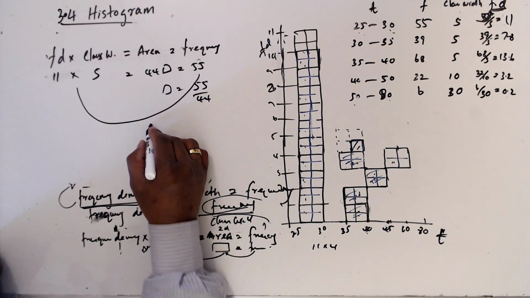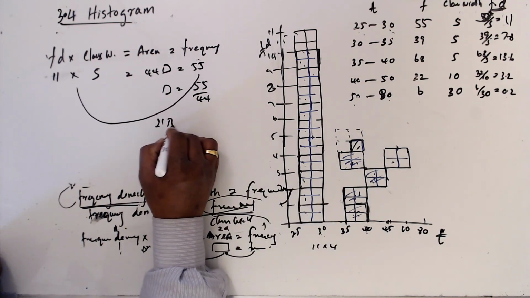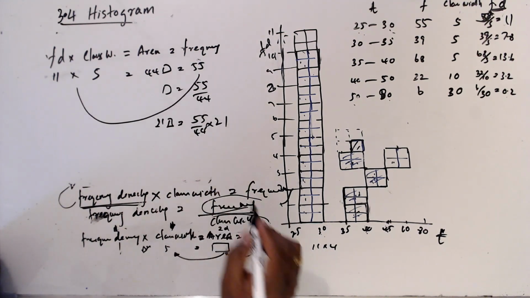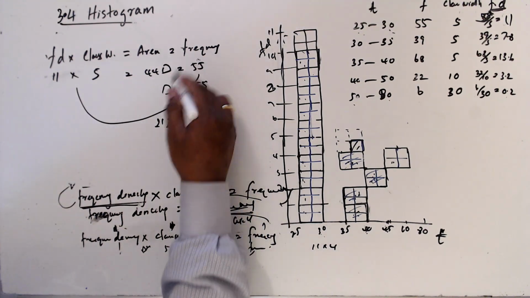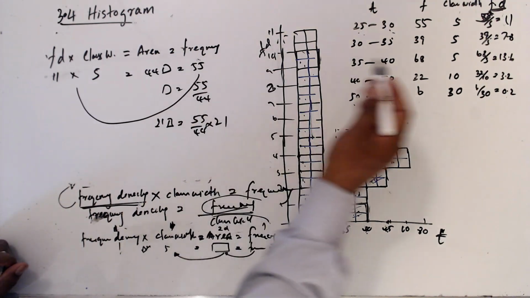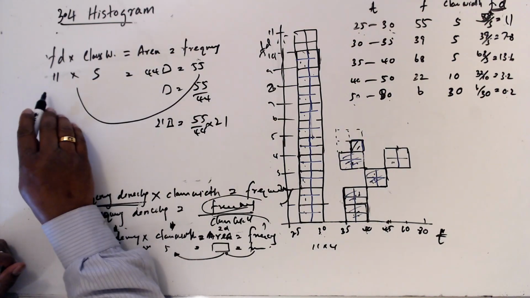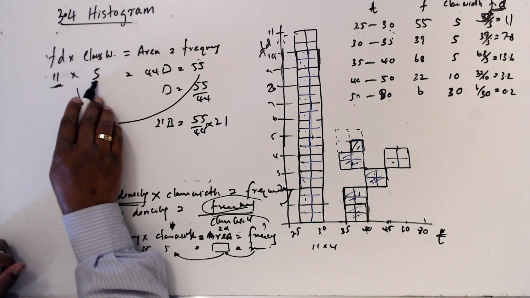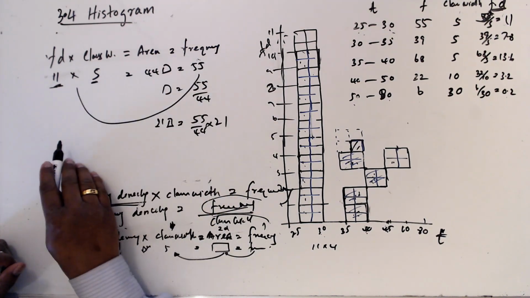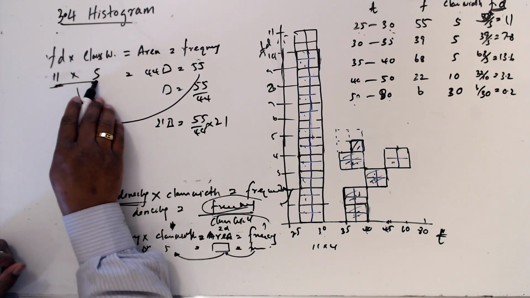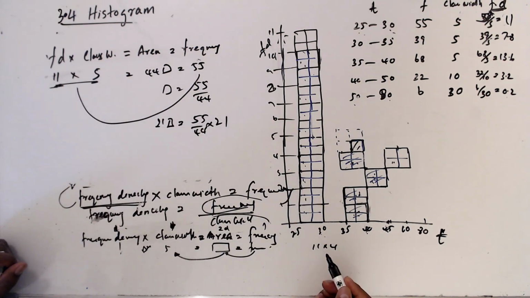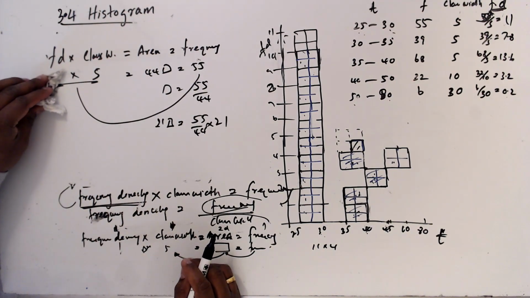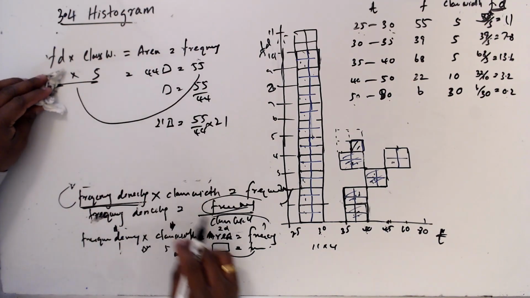Then here 21 small boxes, we need 55 divided by 44 multiplied by 21. If the frequency is not given, then you can get this one and the class width, and then you can get the total area. Or this is also right. The same ratio will be obtained.